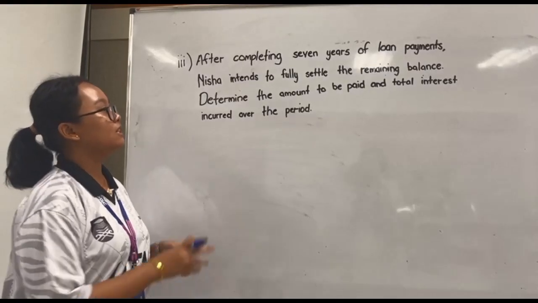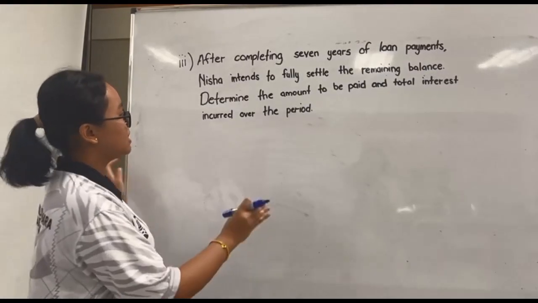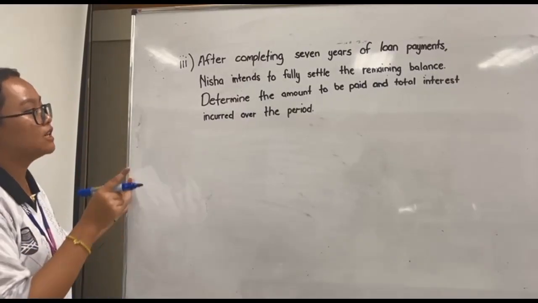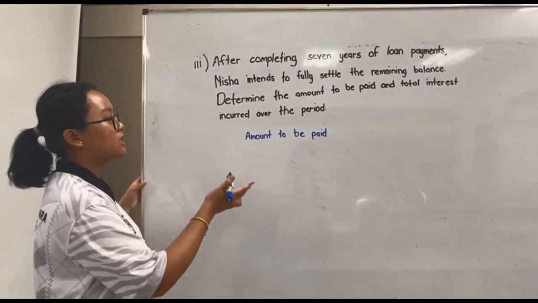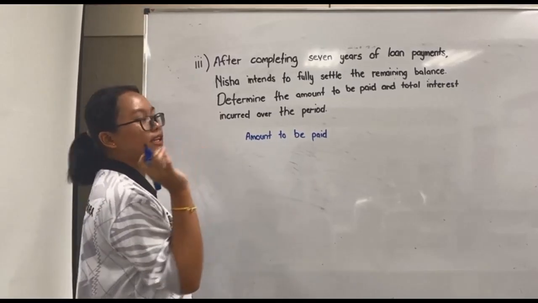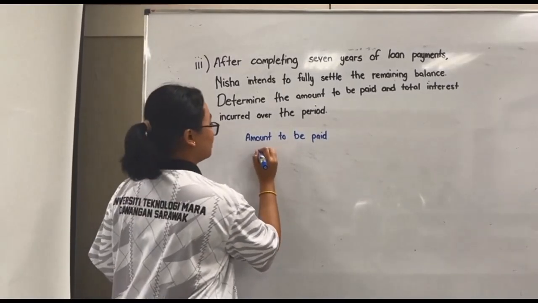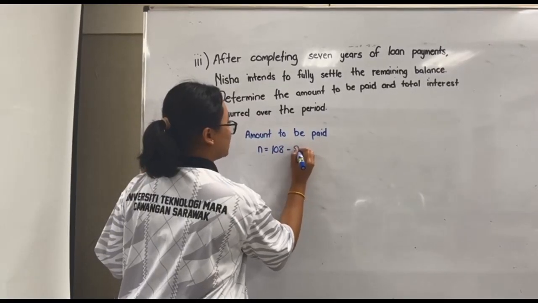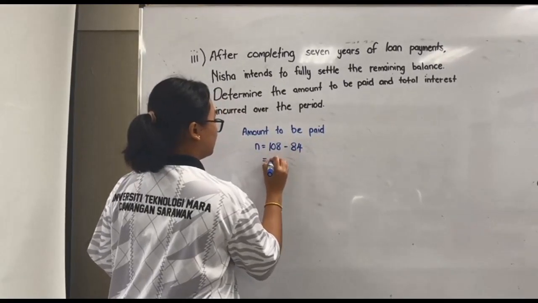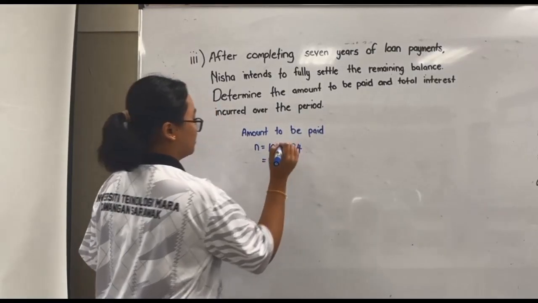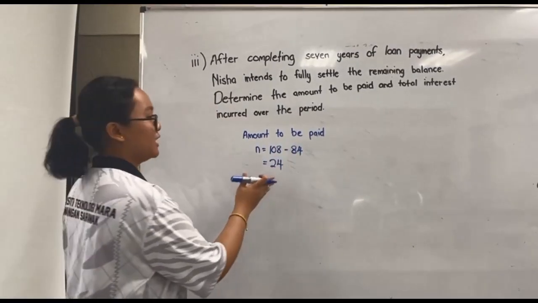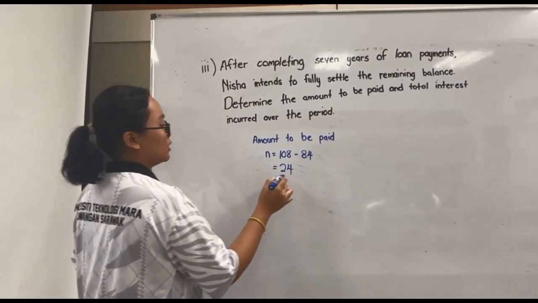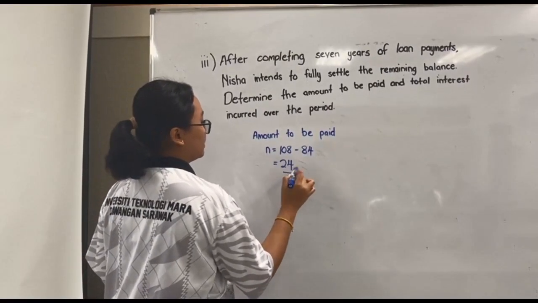To determine the amount to be paid and total interest incurred over the period, first we have to find the amount to be paid. To find the amount to be paid, we have to find n first. So n equals 108 minus 84 equals 24. So after we find n, we have to find the amount after 24.